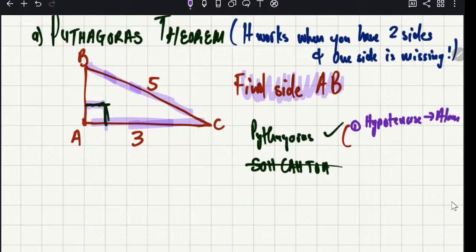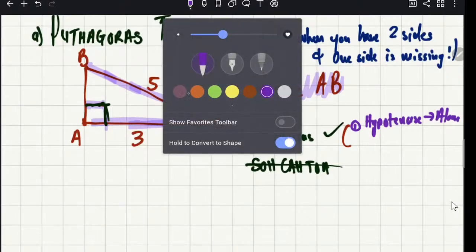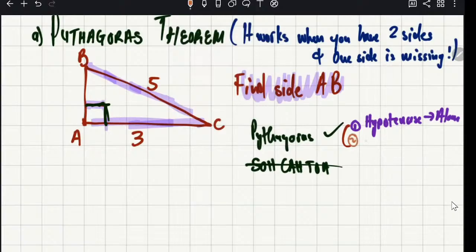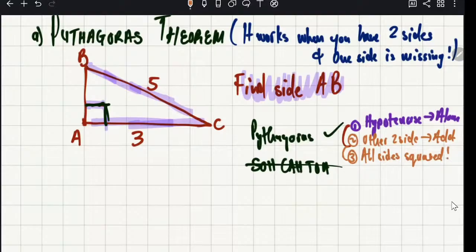If you're doing the true Pythagoras, then the second is the other two sides must add. Then the last rule, let's do it quick before we go to the past paper questions. The third rule is that all sides should be squared. All sides must be squared. If you do this, then you have written the Pythagoras theorem.